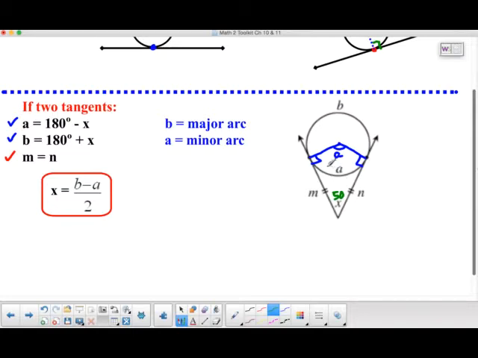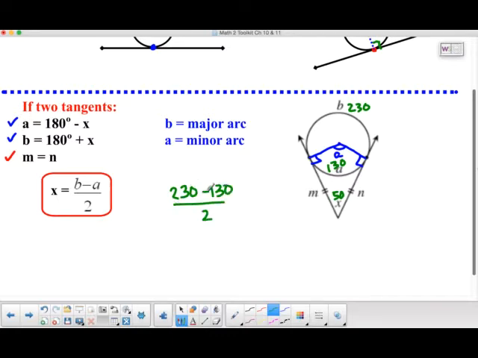If that's 50, this must be 130, because that would be 180 minus 50. B would be 180 plus 50, otherwise known as 230. So x is also equal to the major minus the minor. So the major is 230, the minor is 130, and then we divide by 2.